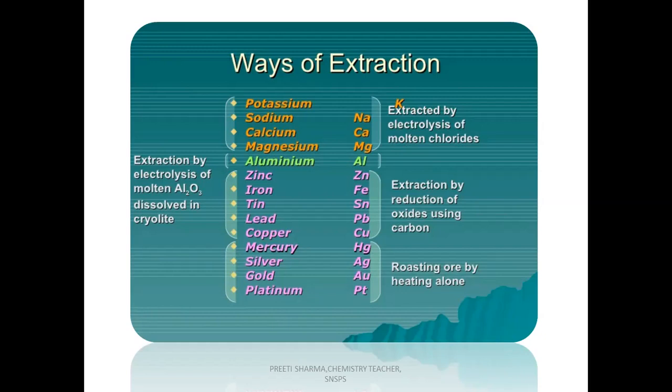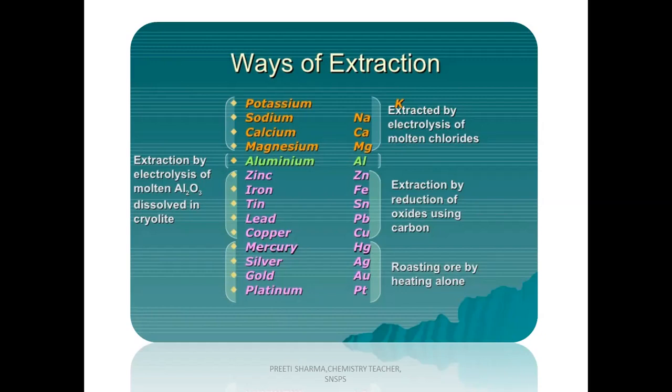Aluminium exists in the form of aluminium oxide or bauxite, and it is extracted by the electrolysis of molten Al2O3 when dissolved in cryolite. And the next, which are our middle reactivity elements, can be extracted by the reduction of their oxides using carbon.